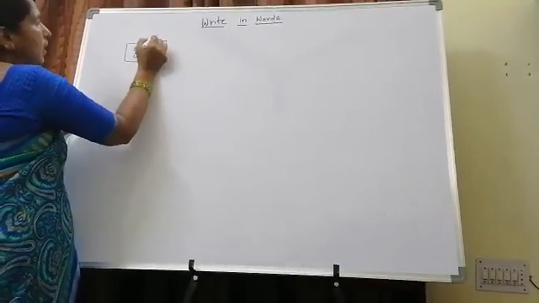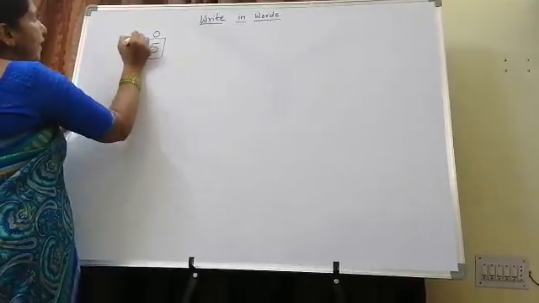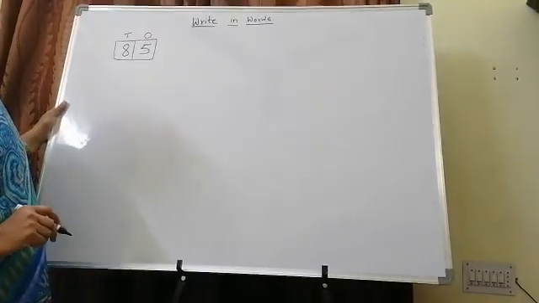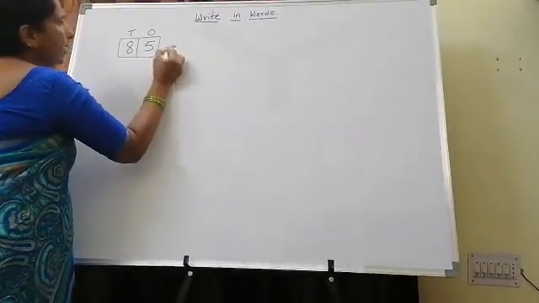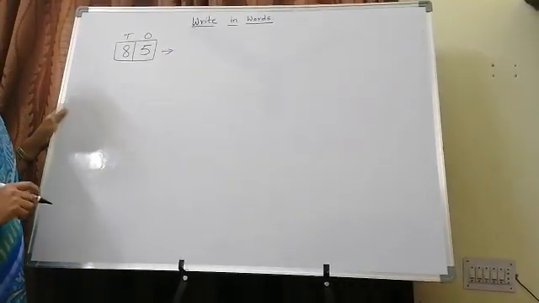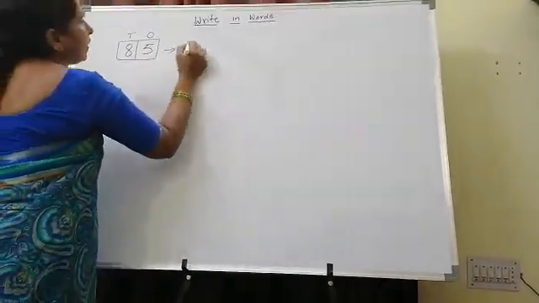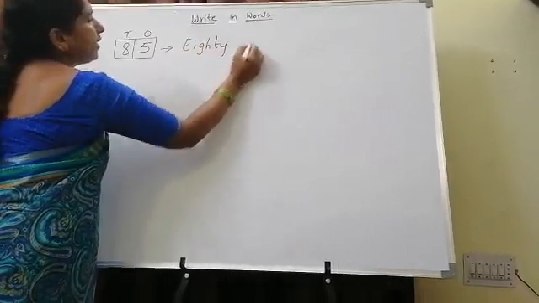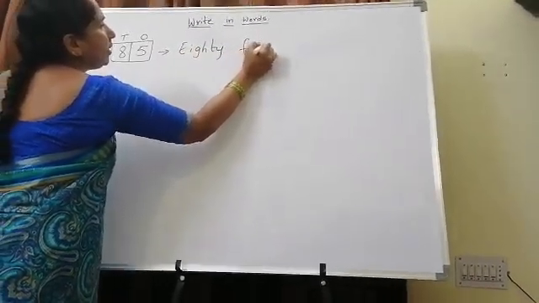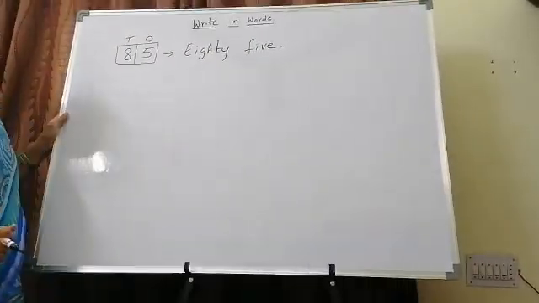So 5 is in ones place, 8 is in tens place. 85. So here they will give a number like this and you have to write the spelling of that number. E-I-G-H-T-Y, 80, F-I-V-E, 5, 85.